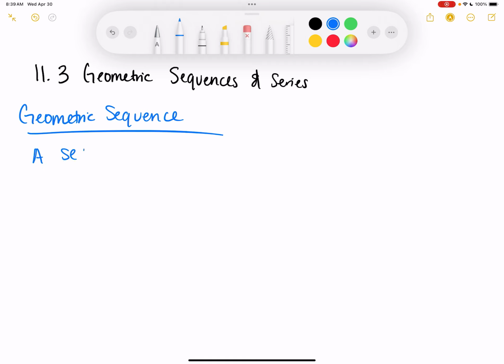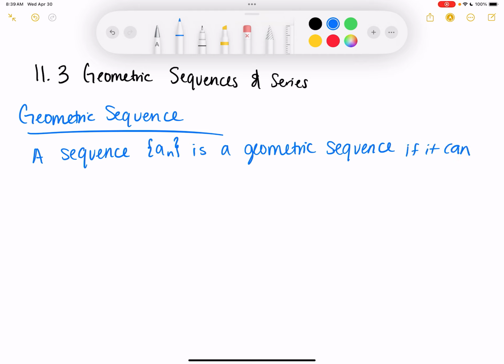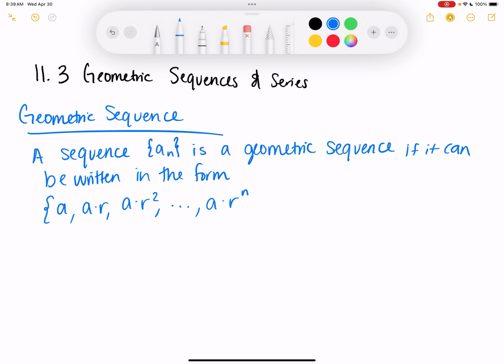A sequence a sub n is a geometric sequence if it can be written in the form a, a times r, a times r squared, a times r to the n minus 1, and so on and so forth, for some non-zero constant r.